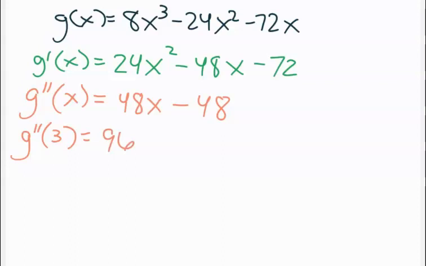Then they ask, based on the sign of this number, does it mean that the graph is concave up or concave down? What we care about for concave up or down is whether or not this is positive. Since this is positive 96, our original graph is concave up at x equals 3.